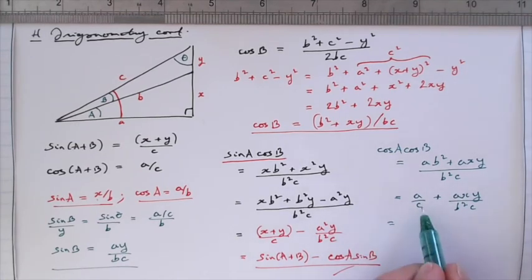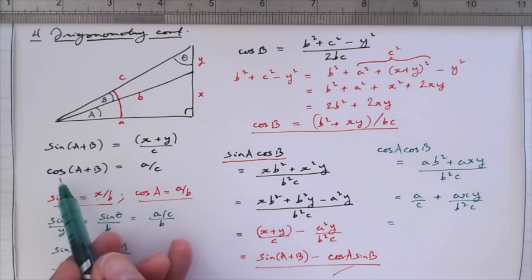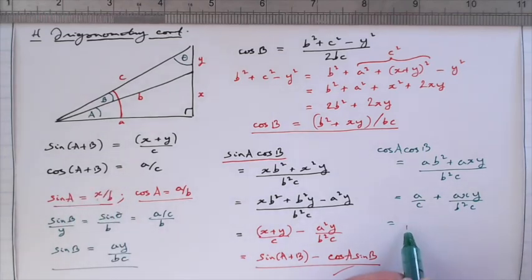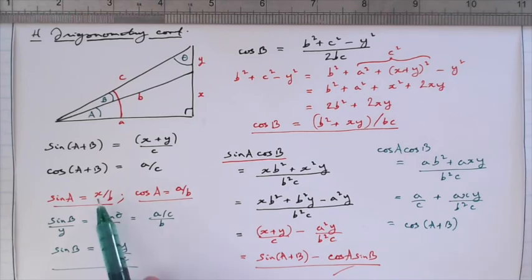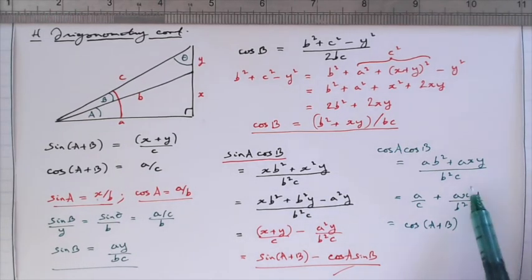Look, a over c is something that we know what we want, cosine of A plus B. And then this term here is sine A times sine B. On the numerator, a times x times y. On the denominator, b times c. Perfect. So that is the sine of A times the sine of B.